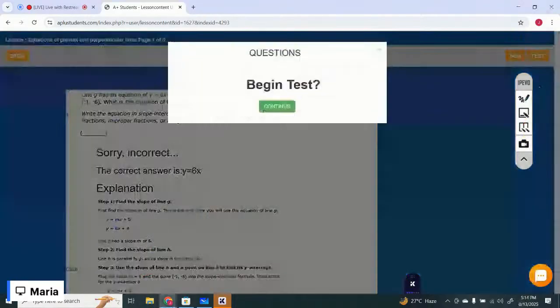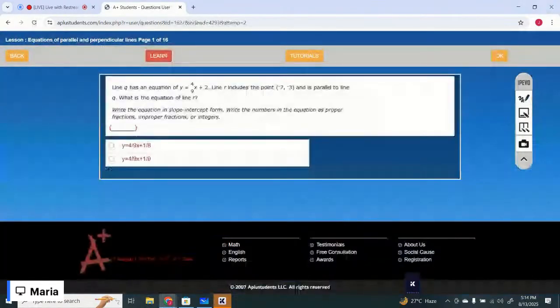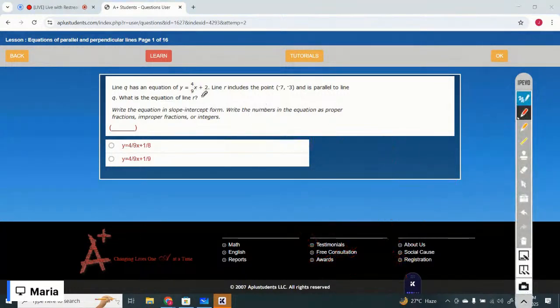Let's just start with the test questions. Line Q has an equation y equals 4 over 9x plus 2.